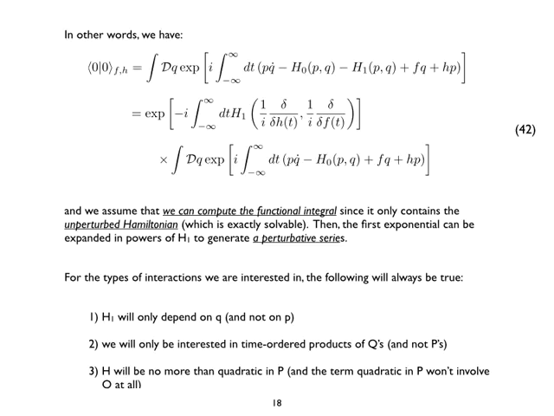So that means that we don't even need this term, because we're never going to be computing time-ordered products of P operators. So why the hell would we even bother writing down an auxiliary term that depends on P?